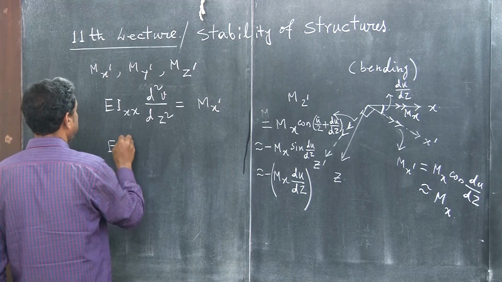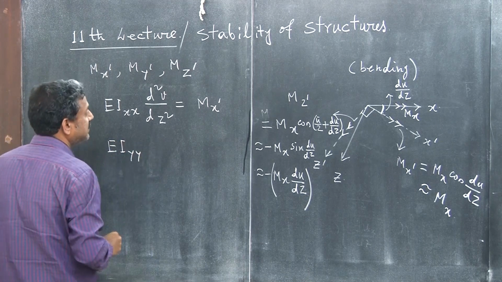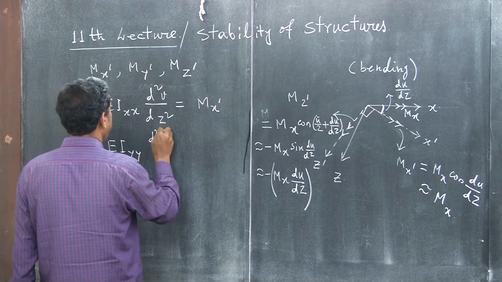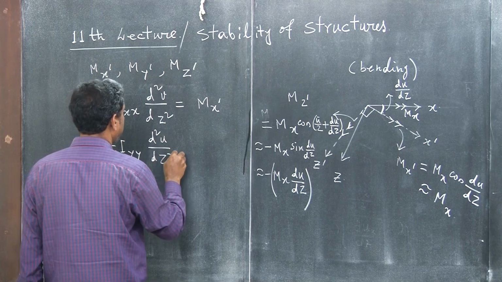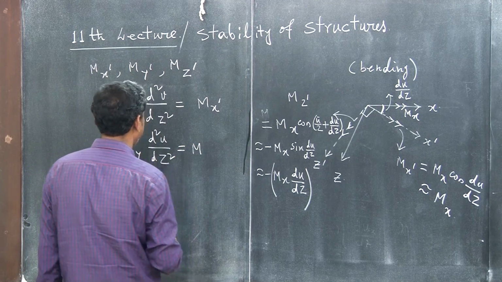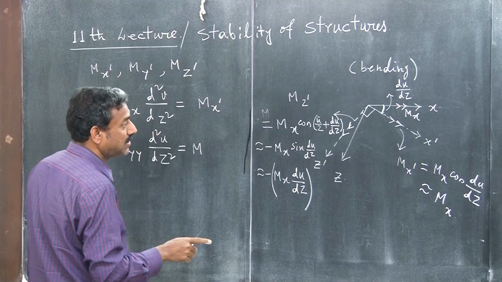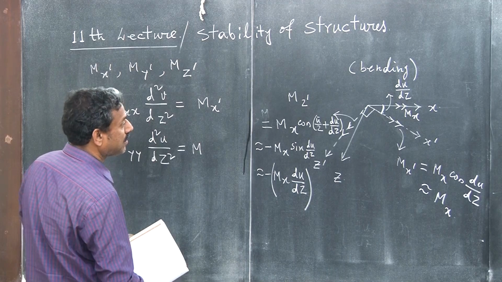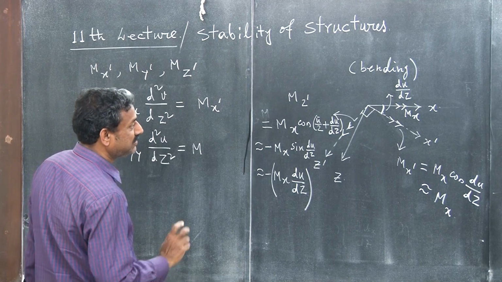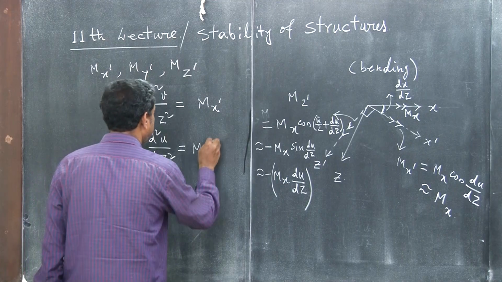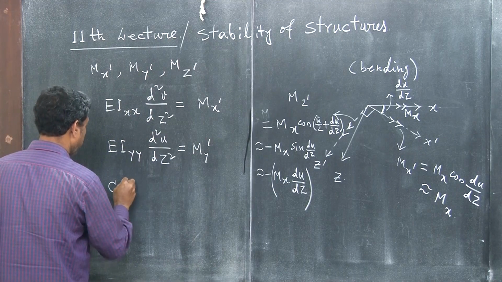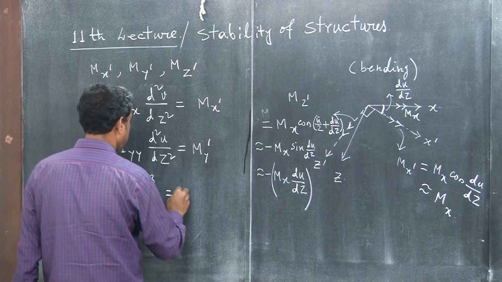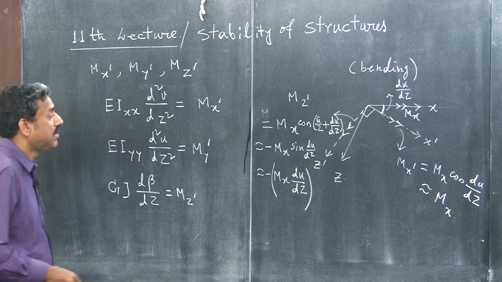And then E Iyy d2u dz2 is going to be My dot, that is with respect to y, right? And then there is only Saint-Venant torsion, G J d beta dz, which is nothing but Mz dot or Mz, okay.